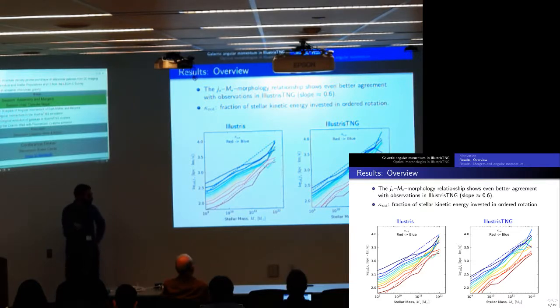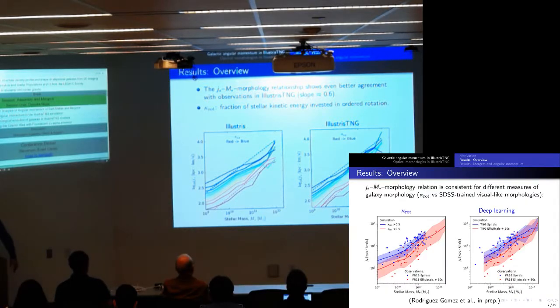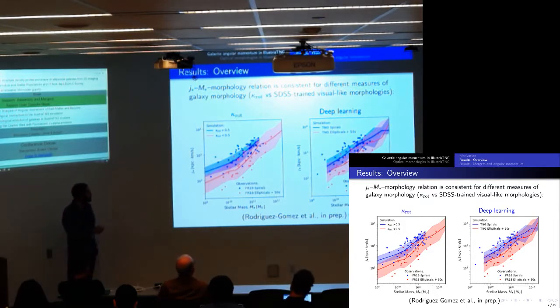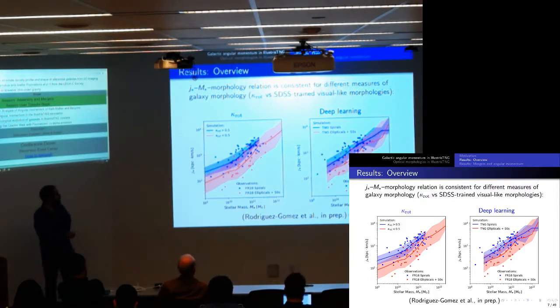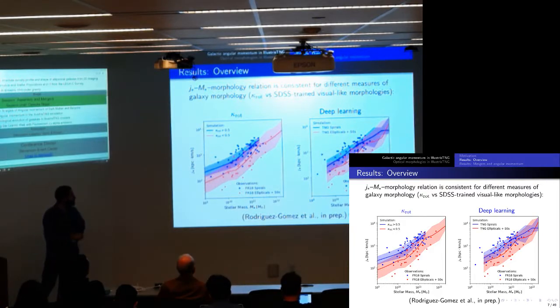Of course, some people might argue that this kappa parameter is meaningless for observers, so this is why we explore a different morphology measurement. Here again, we have kappa on the left, and on the right I'm using the morphological classifications done by Mark Huertas's company on TNG galaxies, which are trained on SDSS.